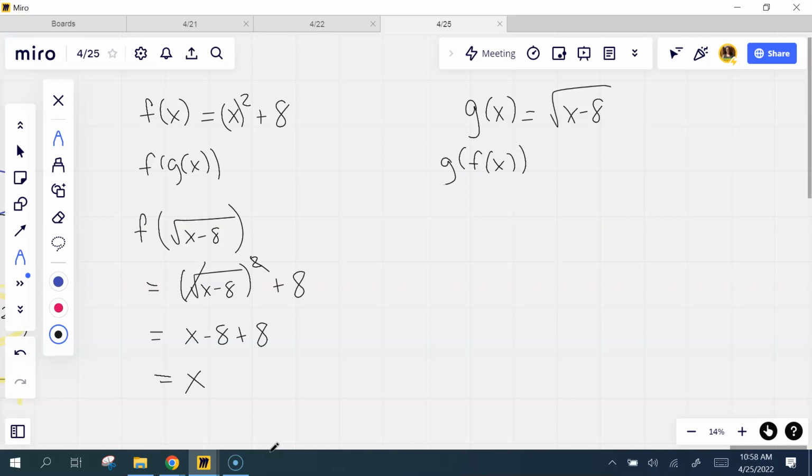Let's go the other way with it. So g of, instead of f, I'm going to have x squared plus 8. So the square root of x squared plus 8, and then that minus 8 is still there.